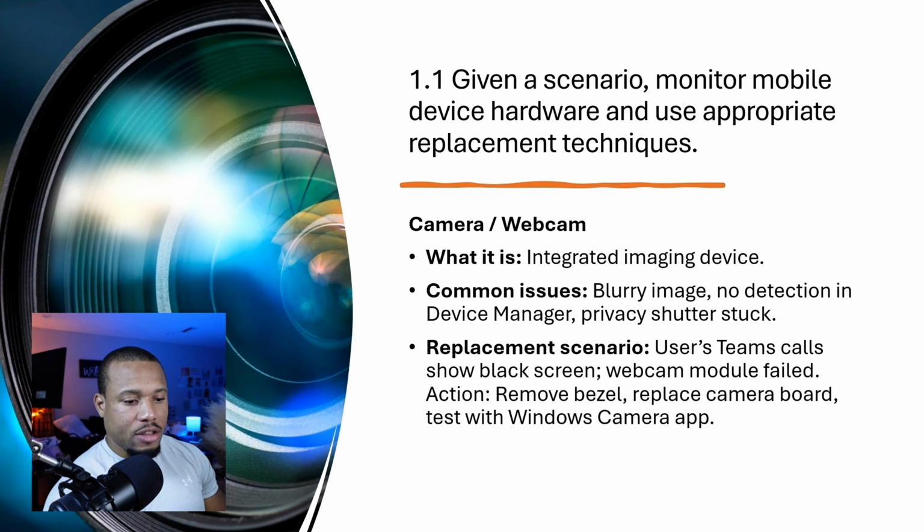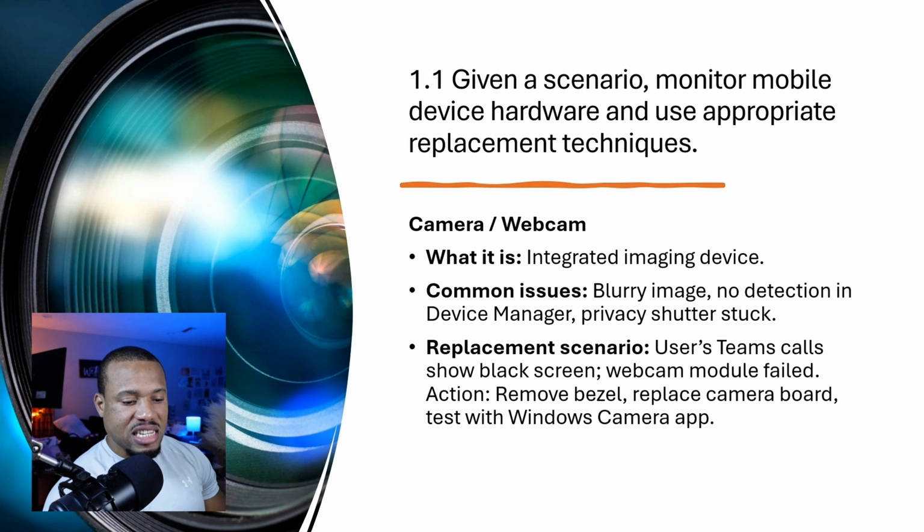Cameras and webcams are integrated imaging devices commonly found in laptops and mobile devices. They can experience issues such as blurry images, failure to be detected in Device Manager, or a privacy shutter becoming stuck. For example, when a user experiences a black screen during Teams calls, it often points to a failed webcam module.